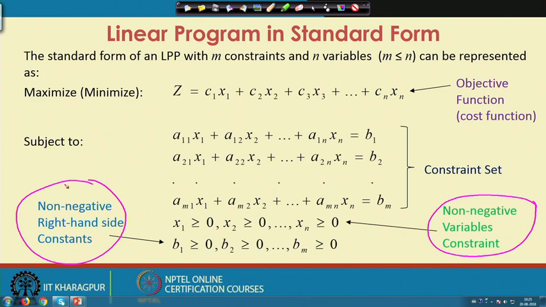So, in the standard form, we will express the right hand side of the constraints as non-negative.